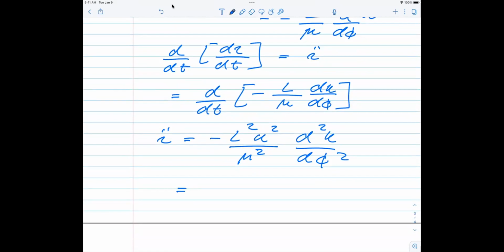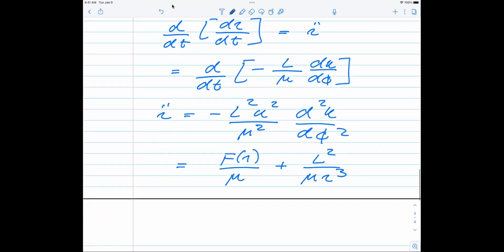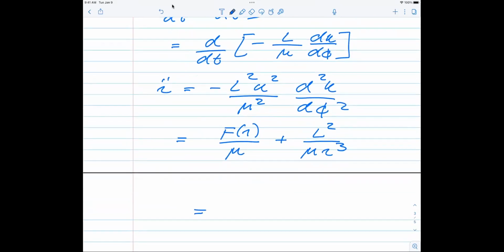And this is the same as the force which we are dealing with, divided by the reduced mass, plus L squared divided by mu over r cubed. And now we plug in the expression for the force. And we know that the force is actually given by, if we now remind ourselves, so F of r is given by minus gamma divided by r squared, which is the same as minus gamma times u squared.